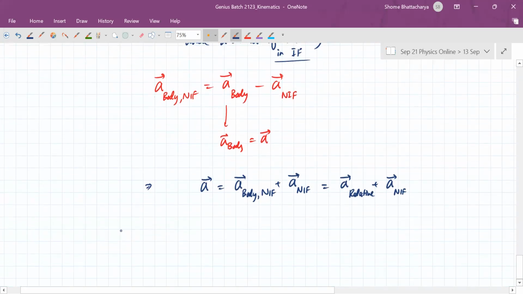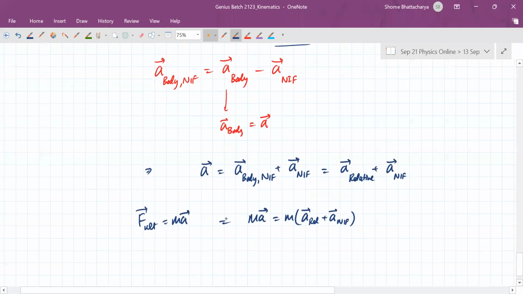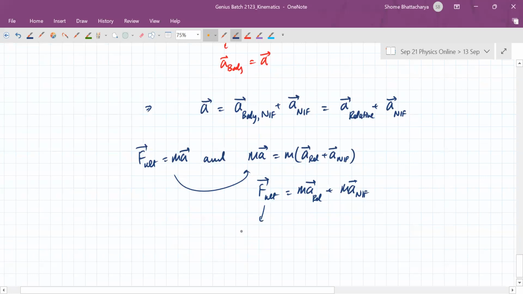So now from the above equation, we have m into A. So m into A is F net. This is the net external force. So in this equation now, this is the net force.